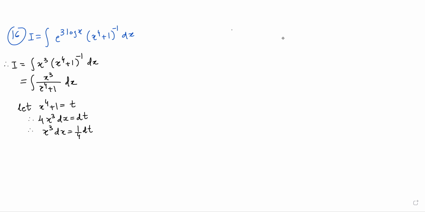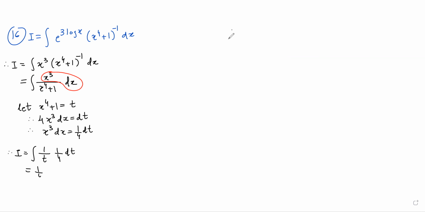Now I is equal to, again, x cube dx is replaced with 1 by 4 dt. So, I is equal to the integral of 1 upon x raised to 4 plus 1, that is t, into 1 by 4 dt.